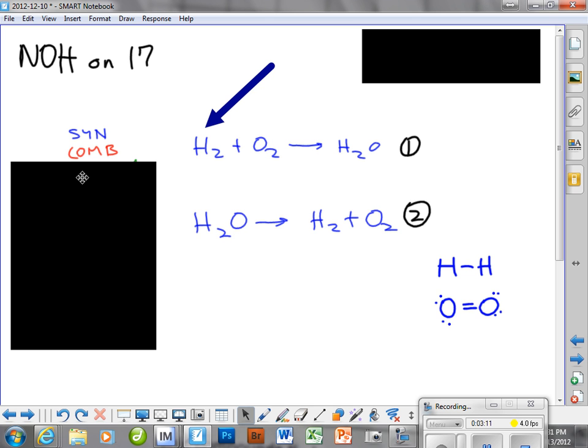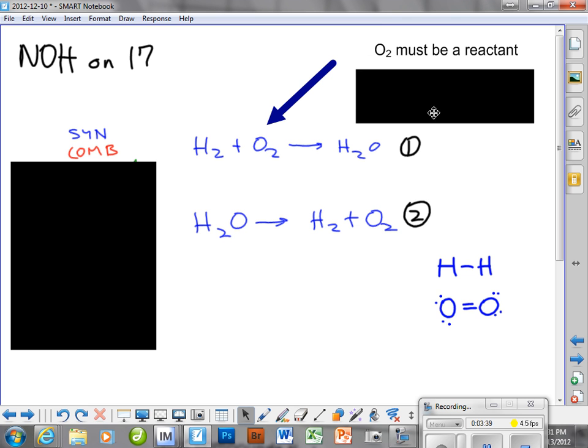And why is this combustion? No, that makes it synthesis. Oxygen. Okay. Where does the oxygen have to be to make it work as a combustion reaction? The left side? Yes, it has to be on the left side.